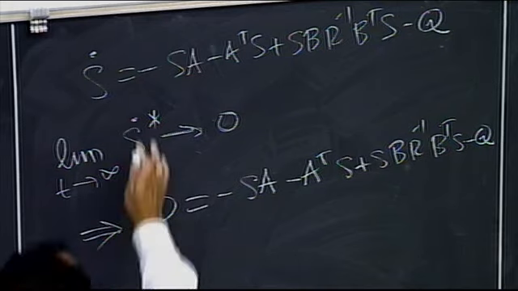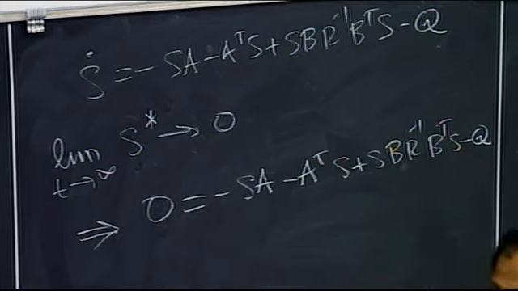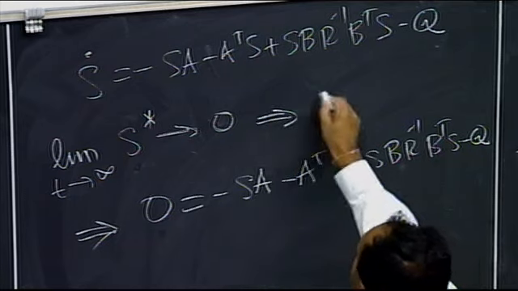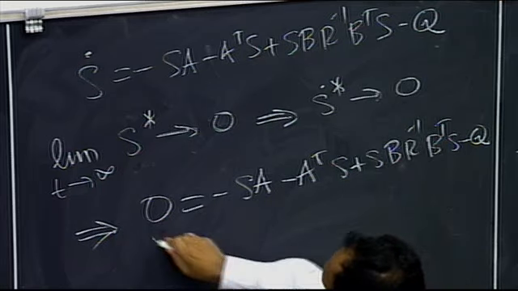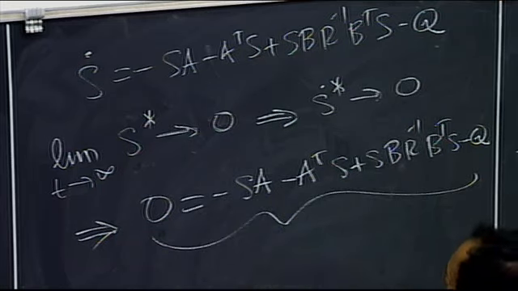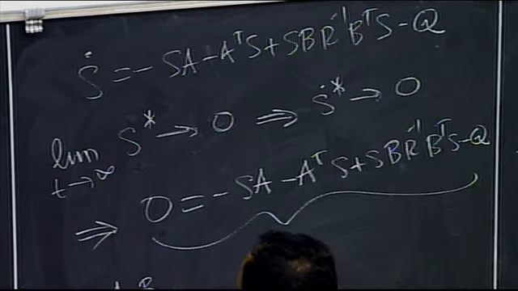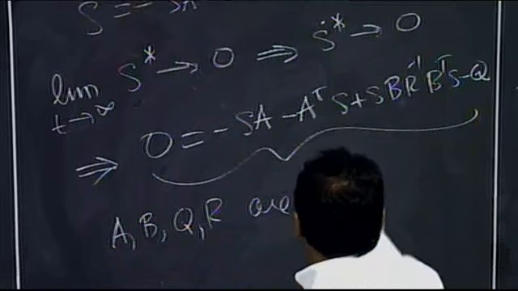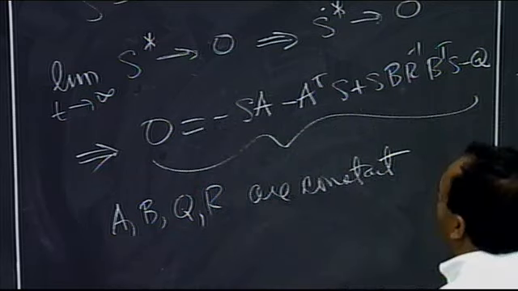Because if this thing is going to 0, then the only way that can happen is if the derivative goes to 0. If it's going to 0, its derivative automatically is going to 0. So what we get is this. Now, if you look at this, because all these matrices are constant, right? A, B, Q, and R are constant, then this becomes an algebraic equation.